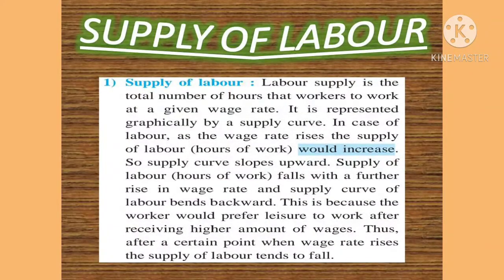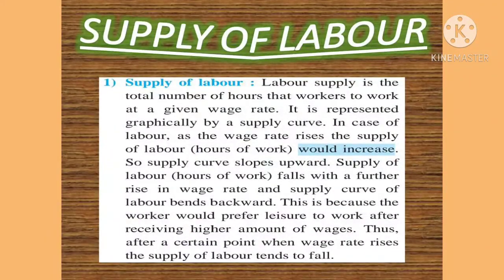Supply of labor, that is hours of work, falls with a further rise in wage rate, and the supply curve of labor bends backward. This is because the worker would prefer leisure to work after receiving higher amount of wages.